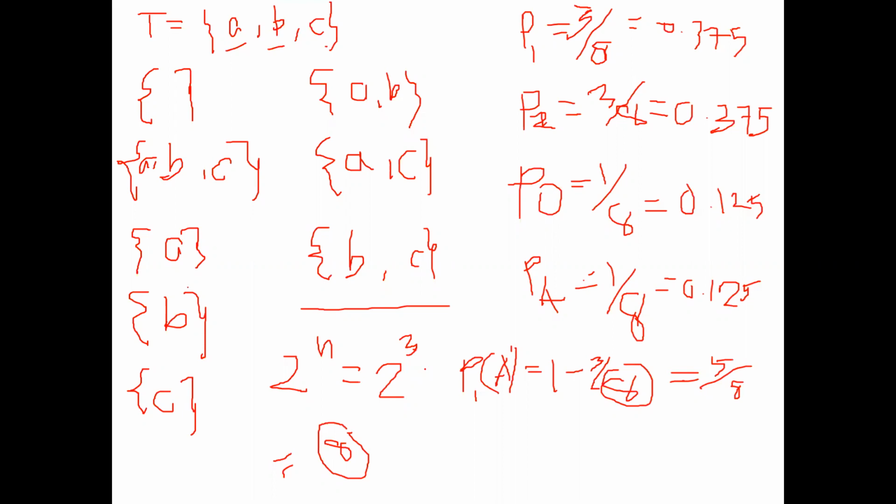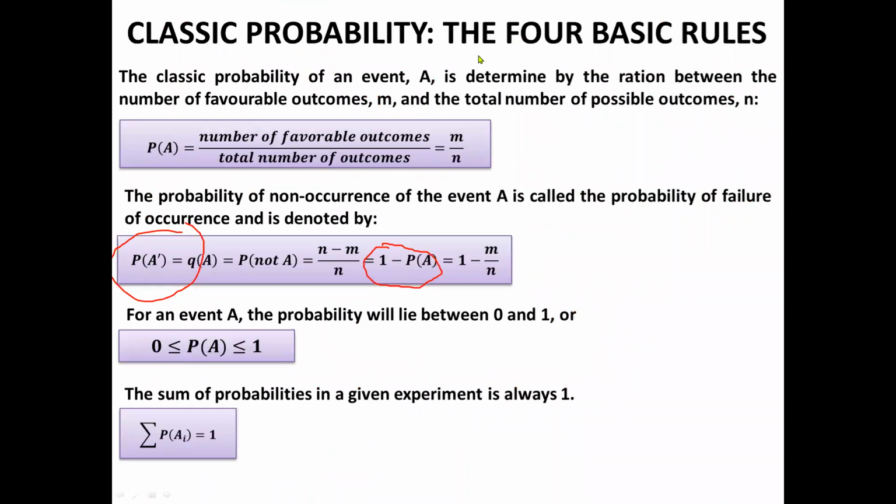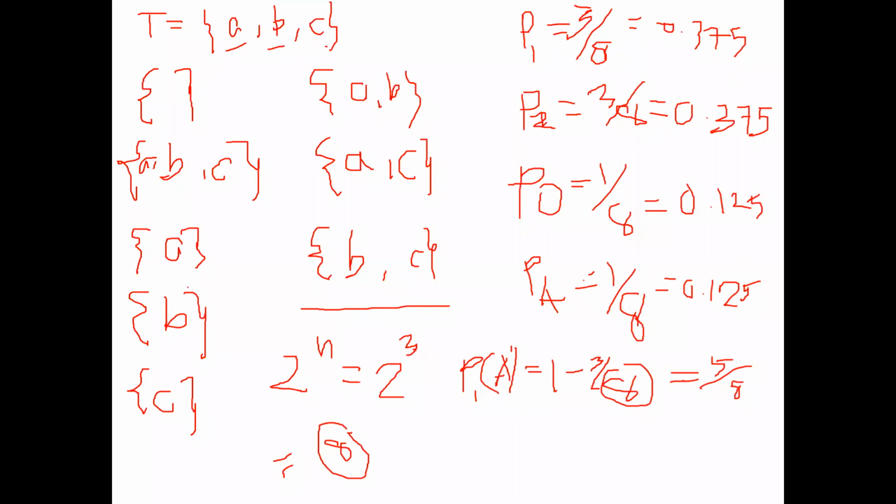Now, rule number 3. Balikan ko yung rule number 3 para mas klaro. Hindi pwedeng umusad tayo na hindi nyo naintindihan ang ibig sabihin. For an event A, the probability will lie between 0 and 1. Ngayon, kung papansinin natin lahat ng mga outcome natin, and even with the non occurrence, lahat sila in between 0 and 1. Tama ba ako? Probability na isa lang ang darating 0.375, between 0 and 1.